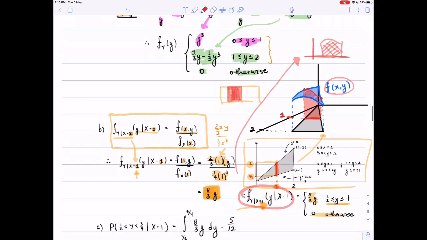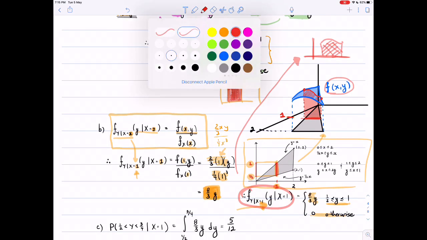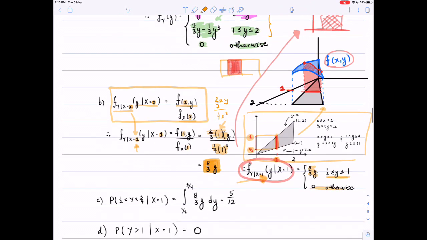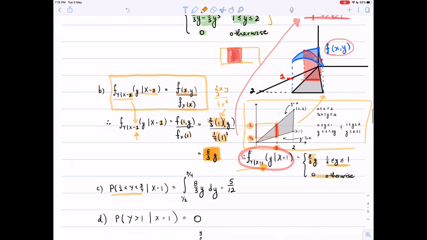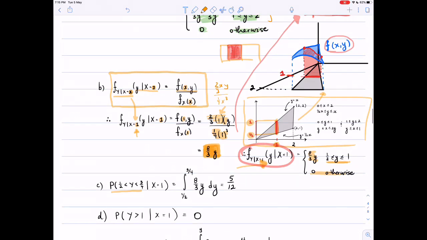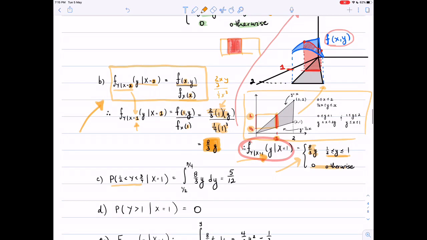So that is what the density is, and now that we have that density function, we can use it to calculate probabilities just like you would as if you'd been given this from the start, right? You have a joint probability that you calculated a conditional density function from, but last course in probability, you might have been given this density function and just asked to use it. Well, now that you have it, you use it exactly the same way.